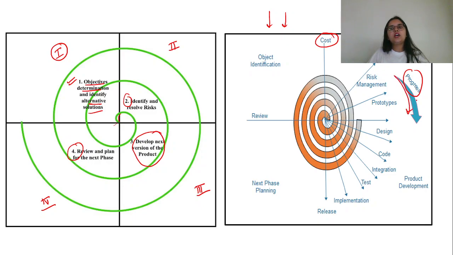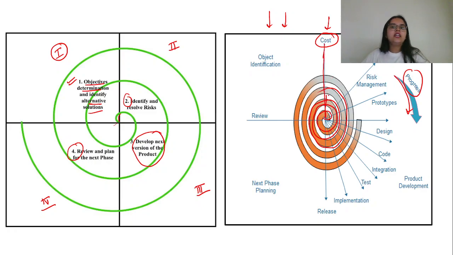As we move from one spiral to another, the software project is progressing more and more. So the spirals denote the progress. And you see the cost here. This angular line is what we usually call the angular dimension of this diagram.